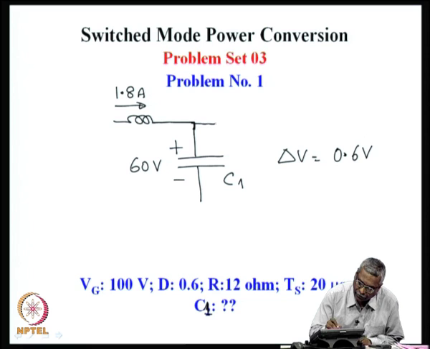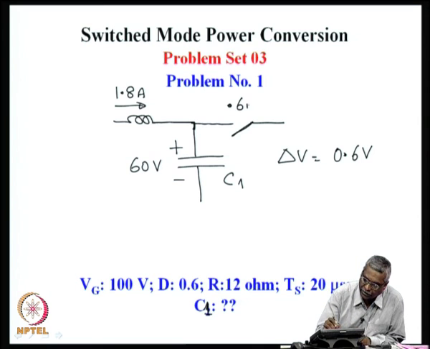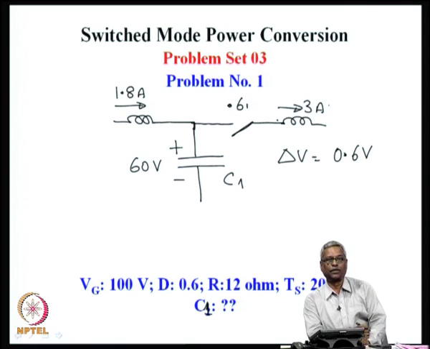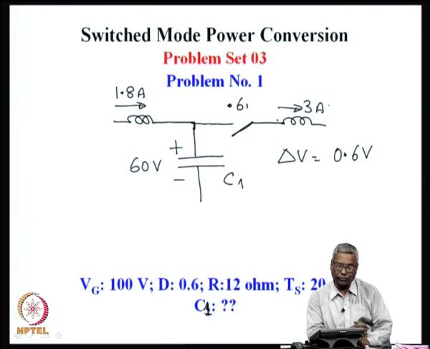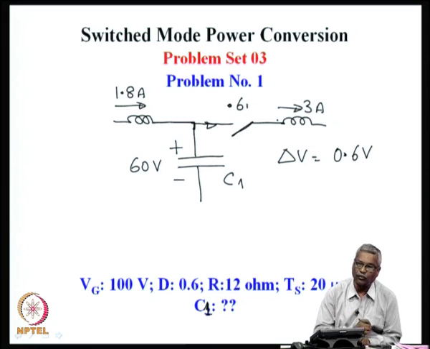But on this side, there is a switch which turns on with a duty ratio of 0.6 and a current of 3 amperes. This is the equivalent circuit seen from the node of that capacitor. So, this 0.6 into 3 is the average current going out here.